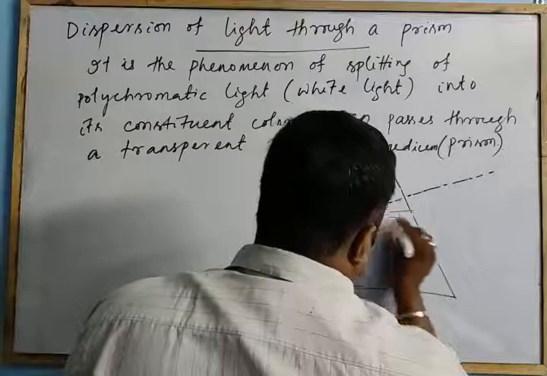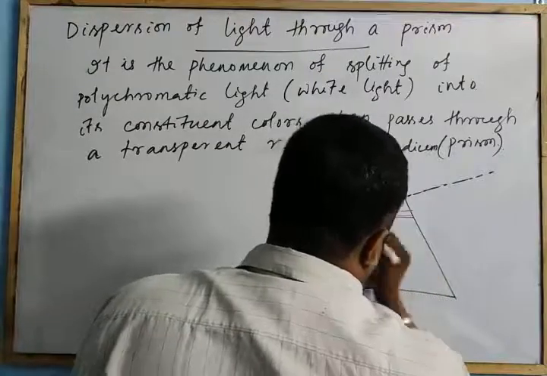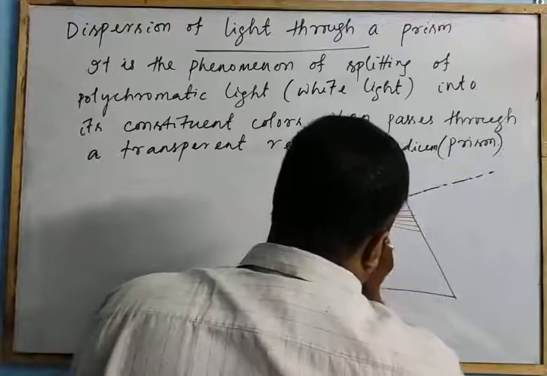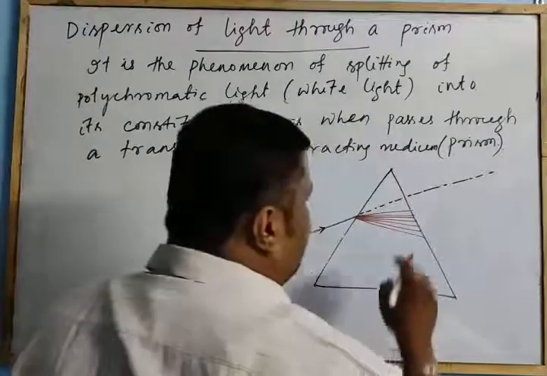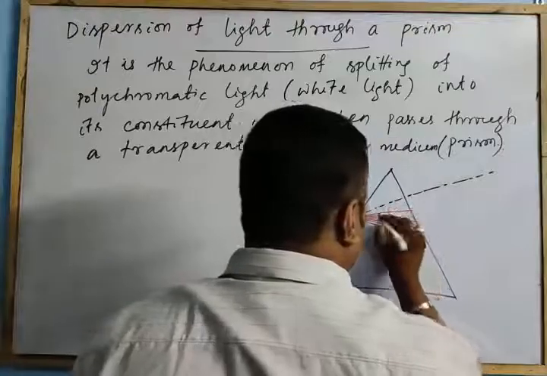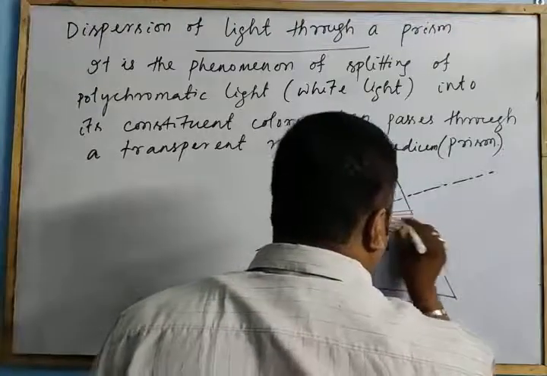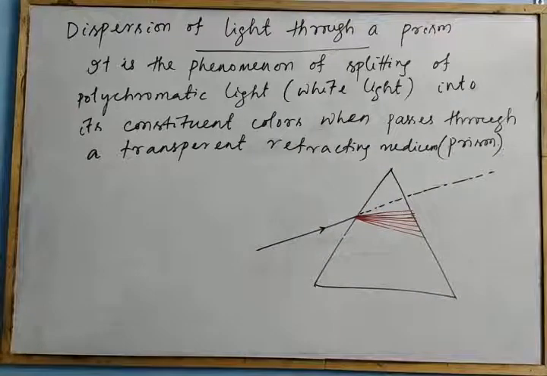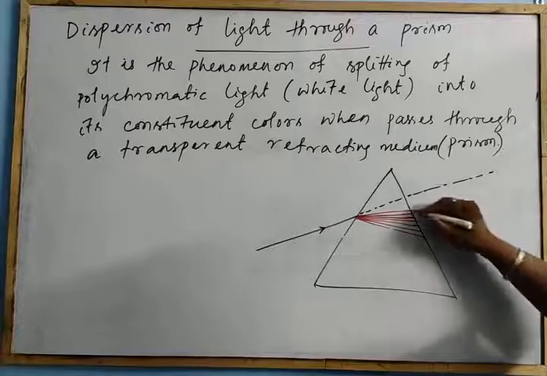I am showing all the same colors, but you will get the 7 colors like that. The 7 colors are not available here, so I can show like this, and you are getting the 7 colors like this.